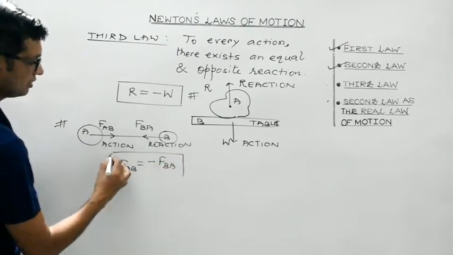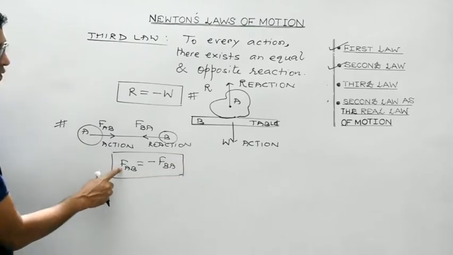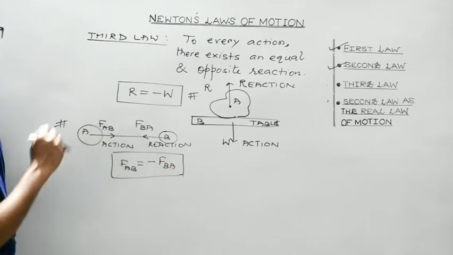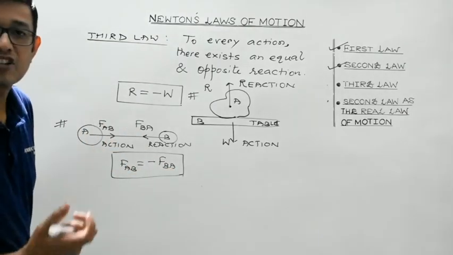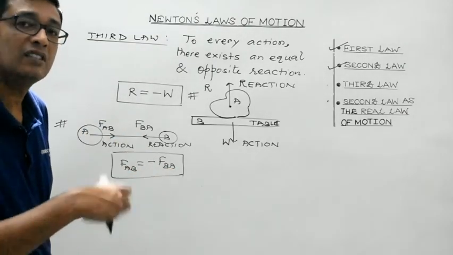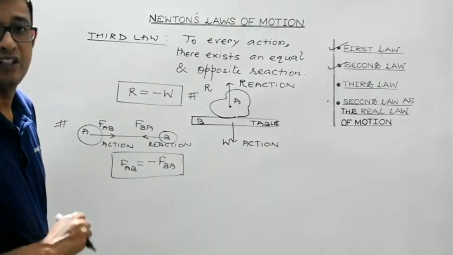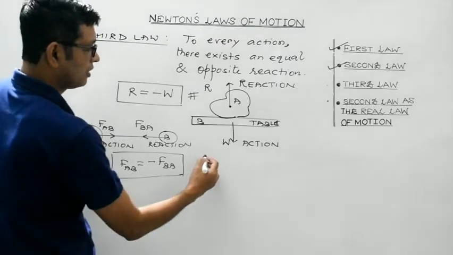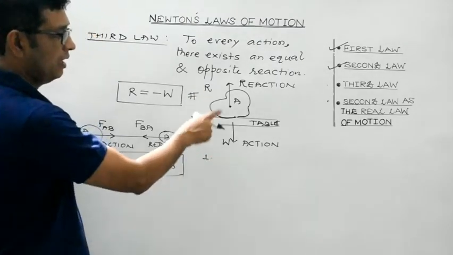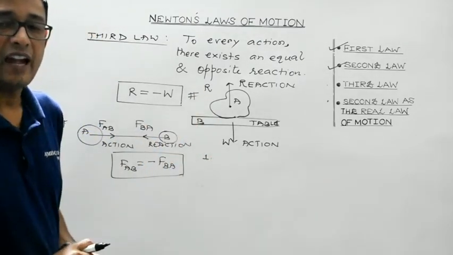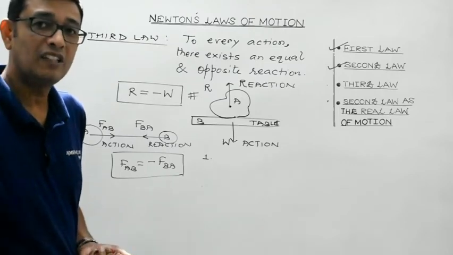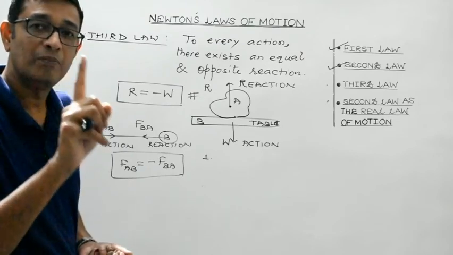What it suggests is the force experienced by body A on body B is equal and opposite to the force exerted by body B on body A. If one is called action, the other one may be termed as reaction. Clear, students? So what's the main conclusion basically? Now, first point, action-reaction acts on a body and it is immaterial whether the body is at rest or in motion.